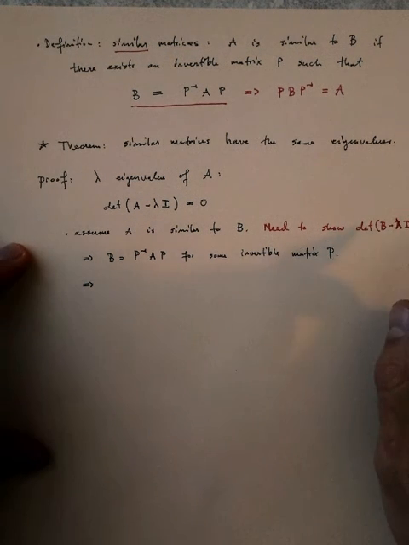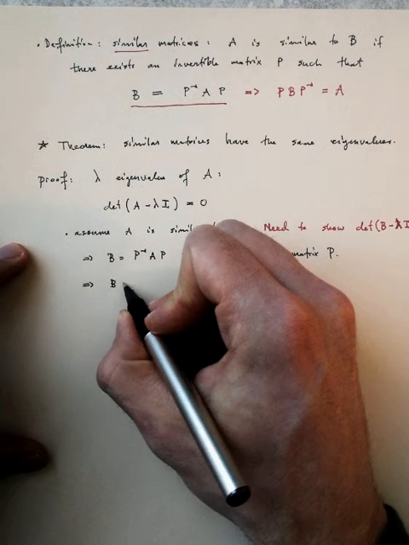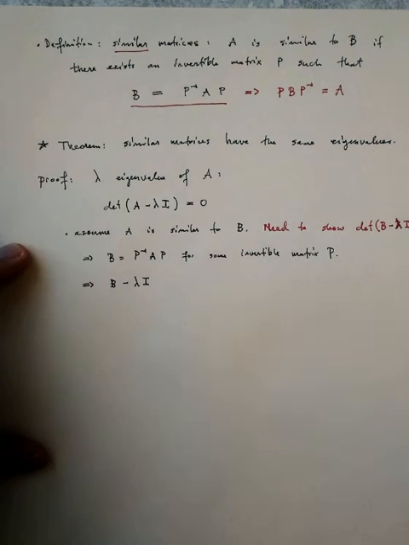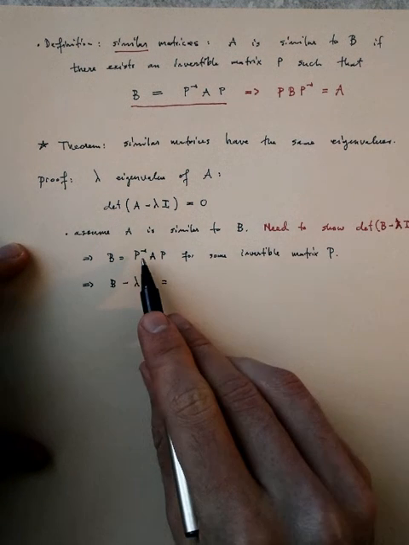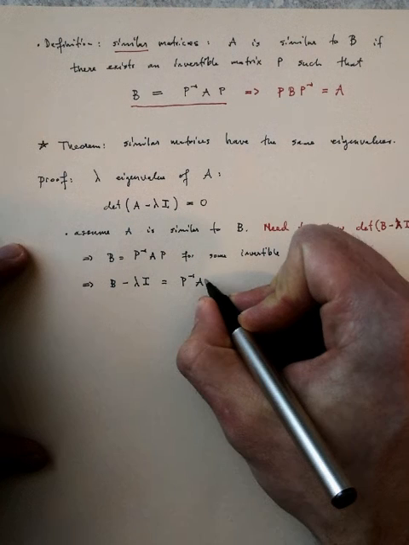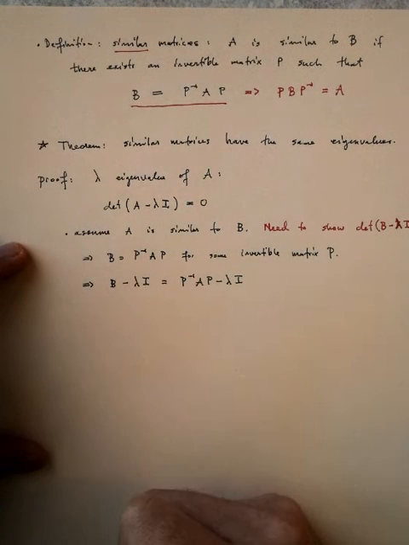Okay, so let's look at B minus lambda times the identity. So B minus lambda times the identity is equal to, well, if B is equal to P inverse AP, I'll just replace that. So I have P inverse AP minus lambda times the identity.